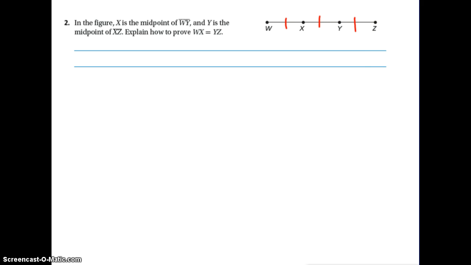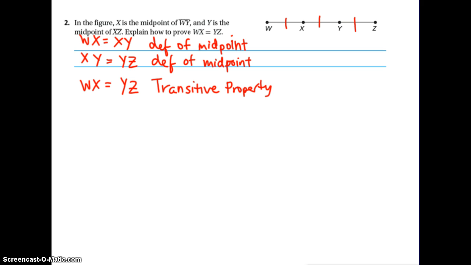So we would prove it by the definition of a midpoint, and we would say that WX equals XY by the definition of a midpoint, and XY equals YZ by the definition of a midpoint. Therefore, we can say WX equals YZ. So by the transitive property, we can say that WX is equal to YZ.